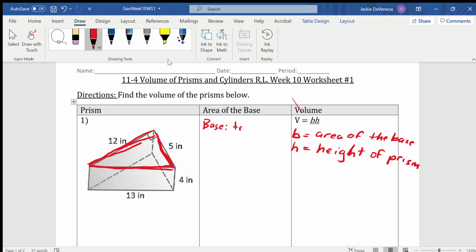figure is that triangle. And as we know with triangles, the area of a triangle is equal to 1/2 base times height. Now here, the height is not the height of the prism, it's the height of the triangle. So let me just redraw that.